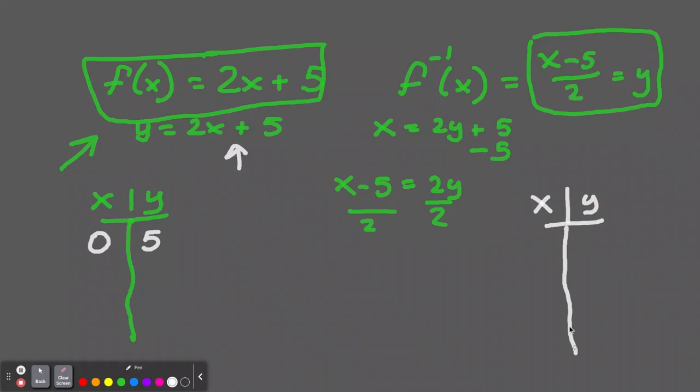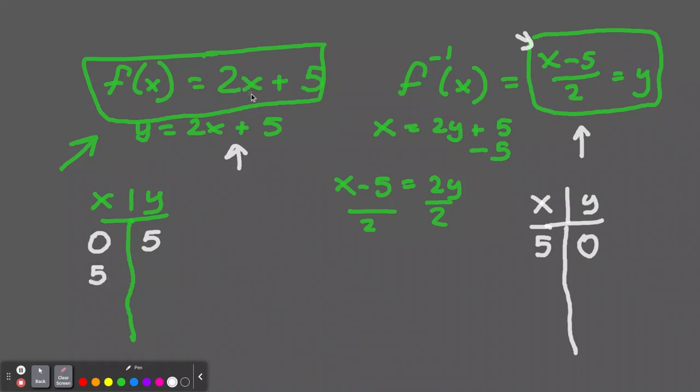If this equation right here is right, that means that when x is 5, y should be 0. Otherwise, it's not an inverse. So let's see. If we plug in 5 over here, 5 minus 5 is 0. 0 over 2 gives us 0. So far, it's right.